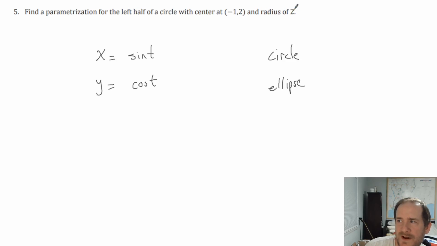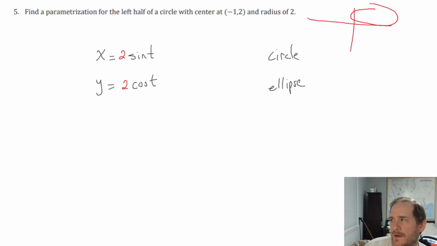They're asking us for a radius of 2. I'd like to think that after everything I've said in this video, you get that these coefficients want to be 2. So if I want a circle, I'll let both of these things be 2. If I had described to you some ellipse that had a major axis of length, let's say 10, well, half of 10 is 5. You would know that you would want the coefficient of x to be 5.